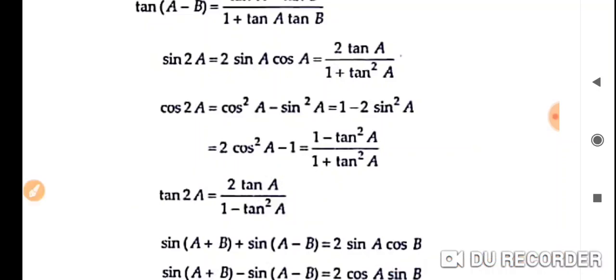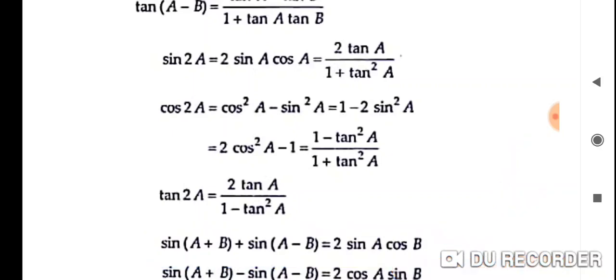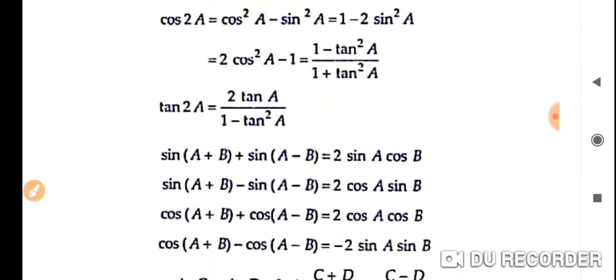Next, if we add the above two equations, sin(A+B) plus sin(A−B), we will get on simplification 2 sin A cos B. Sin(A+B) plus sin(A−B) is 2 sin A cos B.